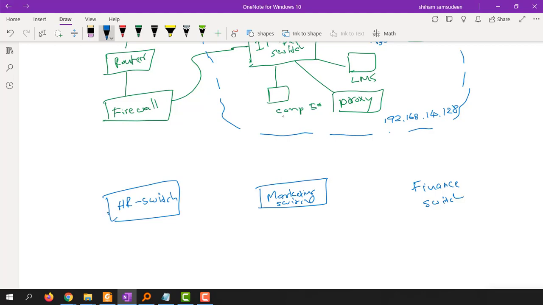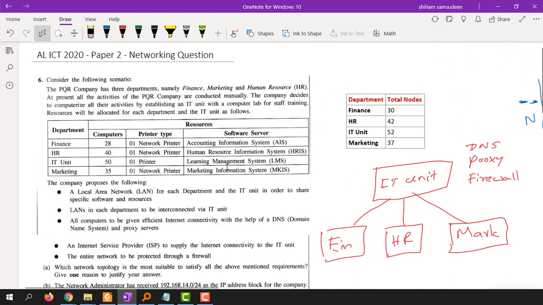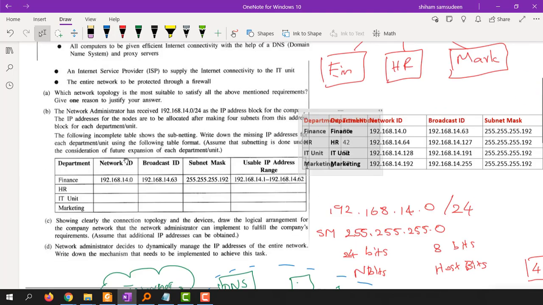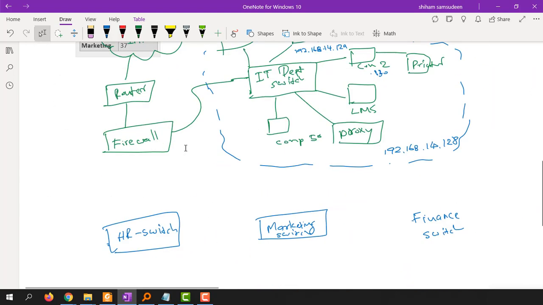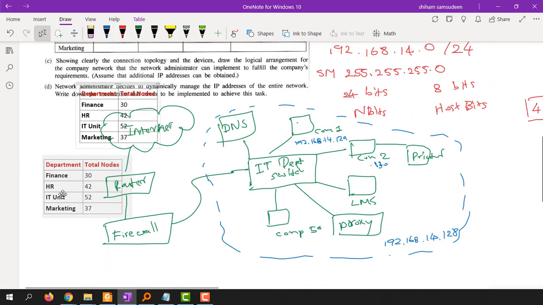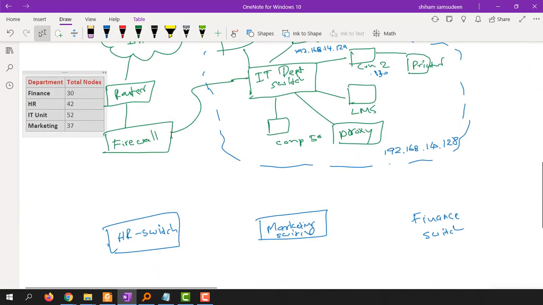So depending on the number of computers and the network printer and the server that is required, so finance is, so I'll just take this to the bottom, and that will make our life easier. Alright, so this is what we require for the finance.